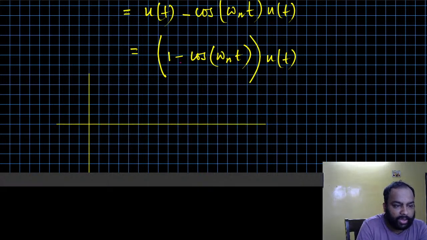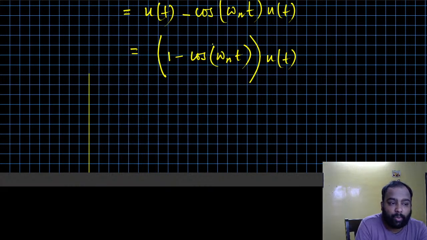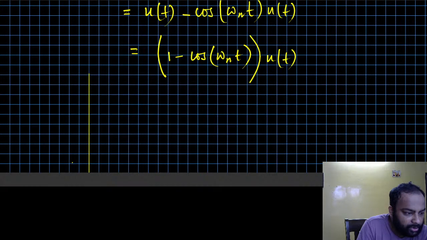Now what is the maximum value of this output? The maximum value of this output is when cosine omega n t is -1, and then the output is equal to 2. And what is the minimum value of this entire output? When cosine omega n t is equal to 1, the output would be 0. So this output would actually vary between 0 and 2.